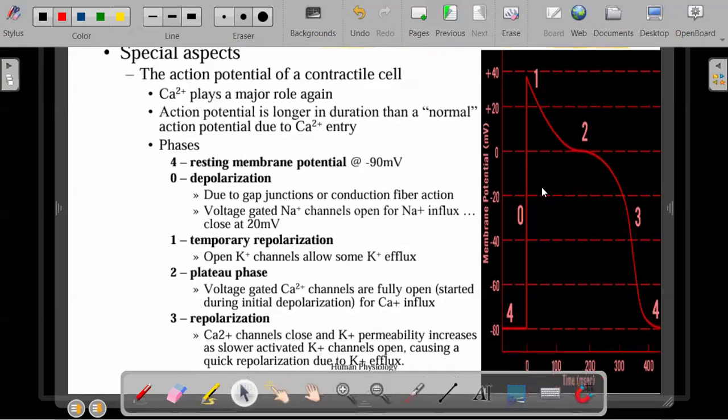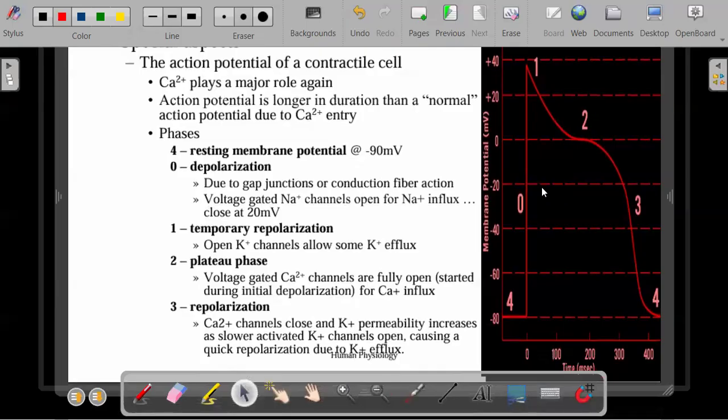Then we have the third phase, which is phase 3. It is known as the repolarization phase. In the repolarization phase, the calcium channels close, and potassium permeability increases.